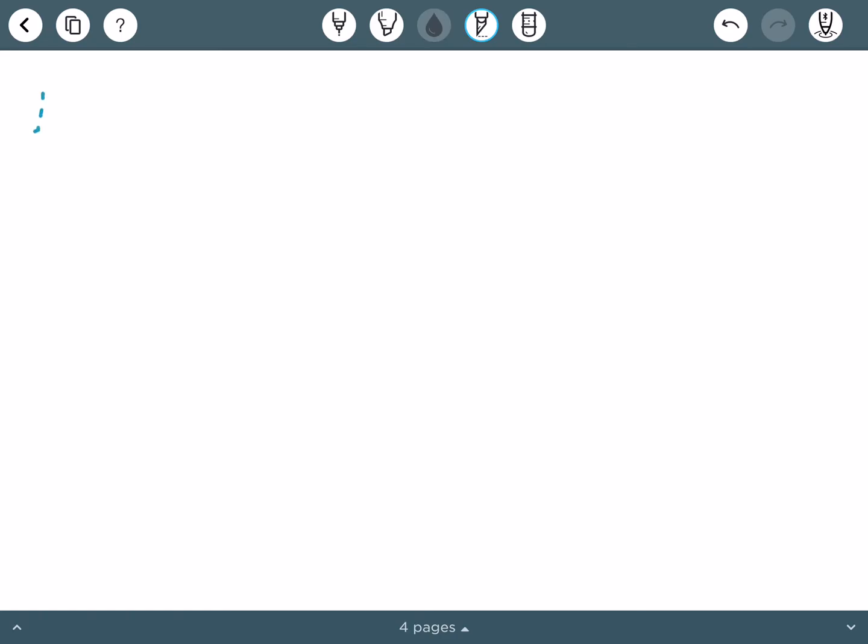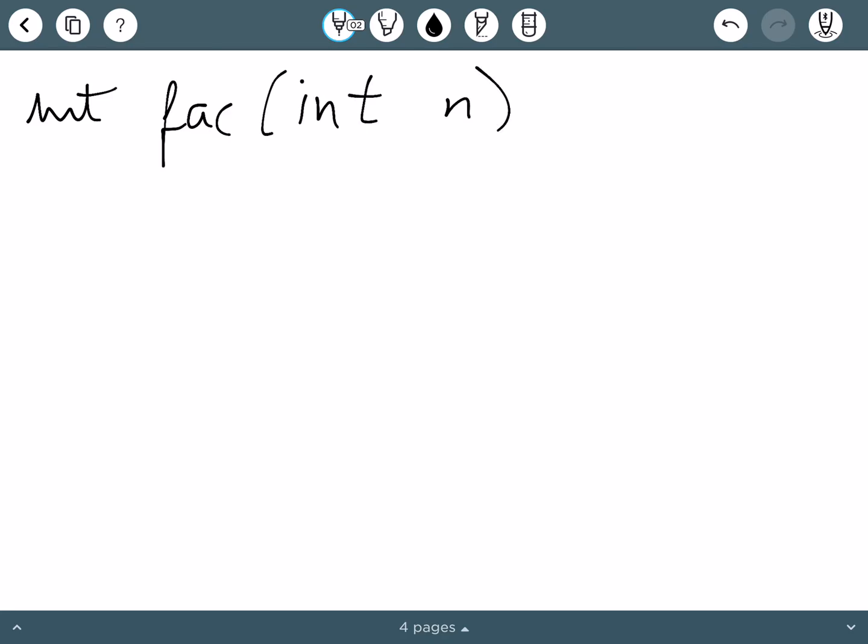The function is fac, it gets the parameter n, an integer, and I want to return the result in terms of past results.